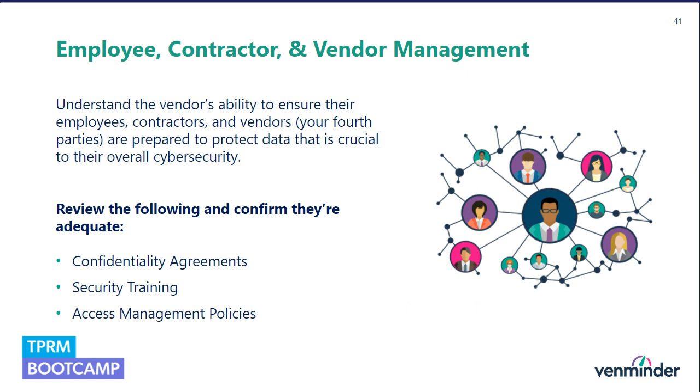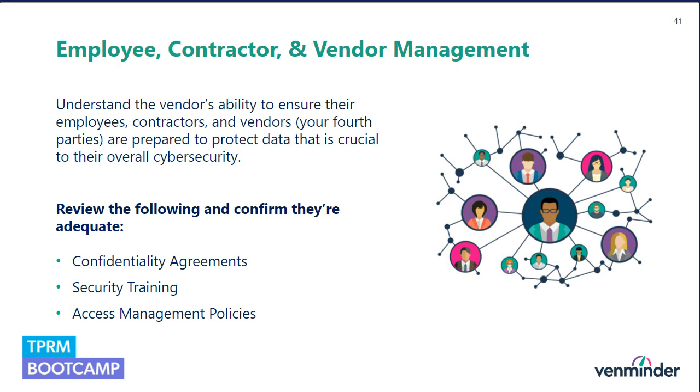Another area to consider is how your vendor manages their employees, contractors, and their vendors. We all know that employees are oftentimes the weakest link in an organization when it comes to information security. With employee, contractor, and vendor management, you have to understand the vendor's ability to ensure their agents are prepared to protect your data.